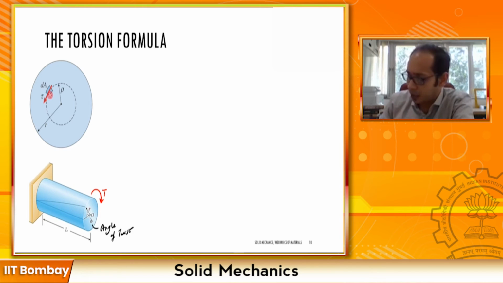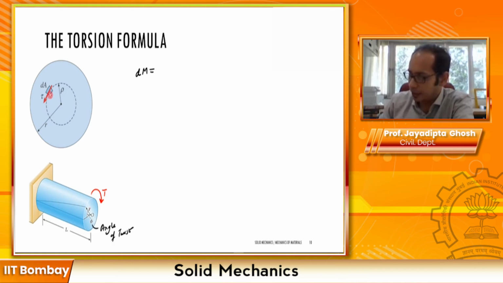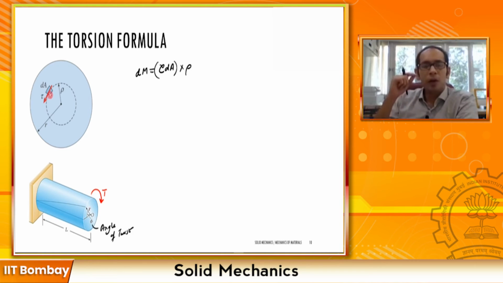So I can write dM as tau times dA, which is the force, times rho, the distance. So what is now the net moment, or the total moment, which is essentially my torque? This is the moment of that small element, and the net moment caused by each of these small elements is going to be my torque.